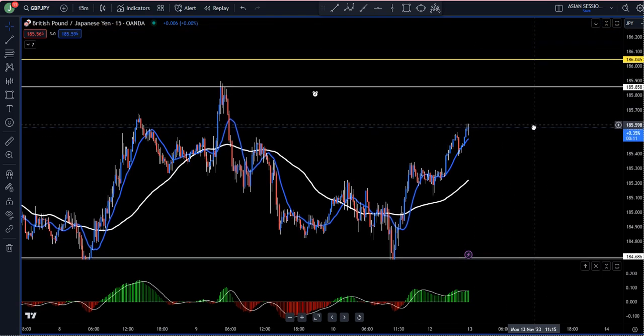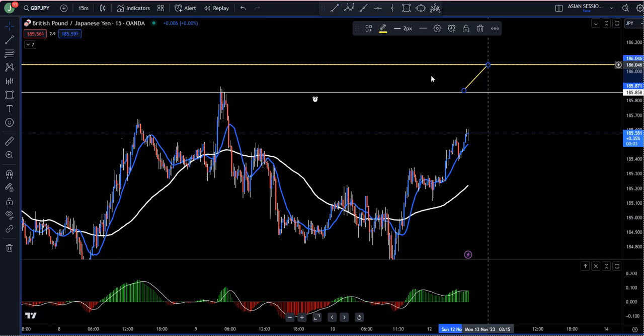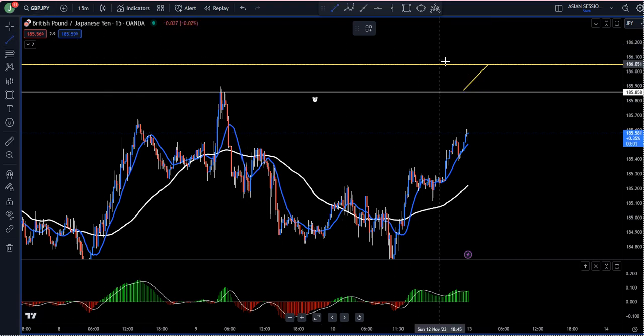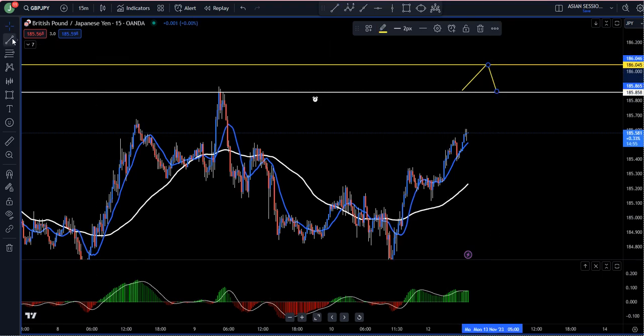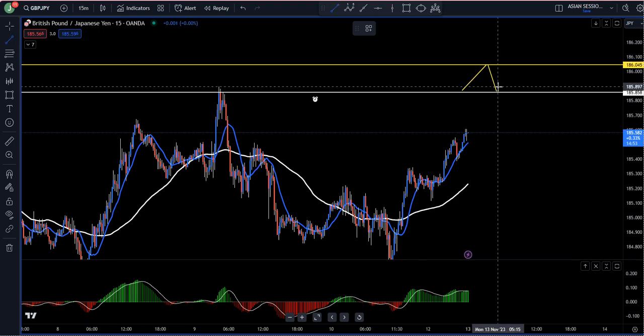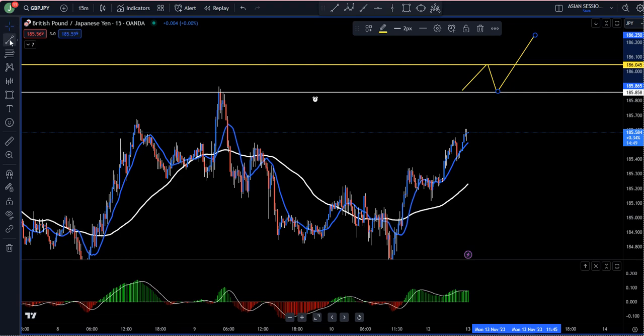Because here's what's going to happen. Real simple stuff. Price is going to do one or two of these things. At this point, price is either going to push up, come back, and may push up to the weekly, come back, retest the high of the daily, right? And if it does that move, then we're looking for price to continue to go up.